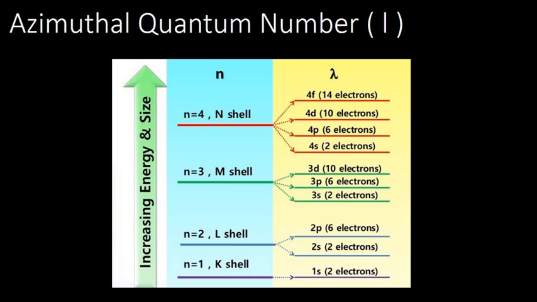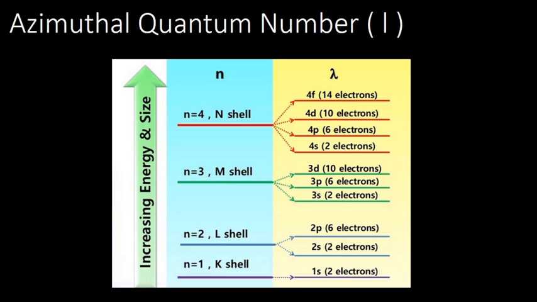There is only one value and that is S, and it can accommodate a maximum of 2 electrons. When N is equal to 2, the L shell, the L values are 0 and 1. So there are S and P. S has 2 electrons, P has 6 electrons. So 6 plus 2, 8 electrons can be accommodated in N equal to 2.